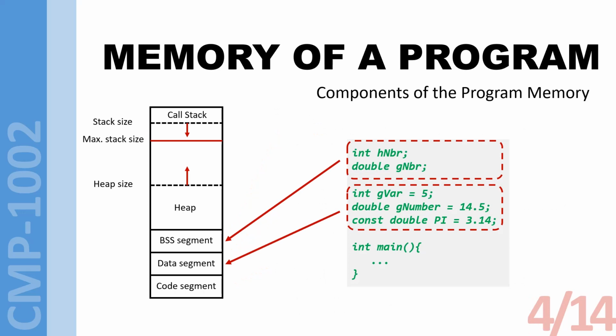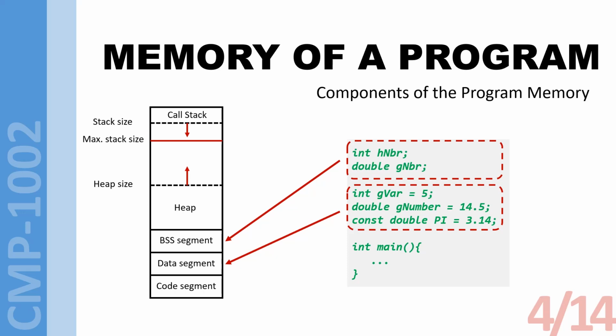Considering such a very small program, all this code is going to be copied inside the code segment. Then these initialized global variables, gvar, gnumber, pi, will be copied inside the data segment and live there. The last two items, the hbr and the gbr, are, as you can see, uninitialized global variables, so they will be living in the BSS segment.